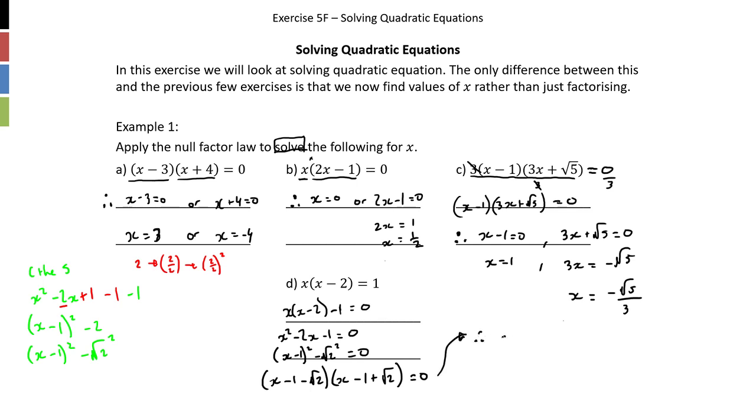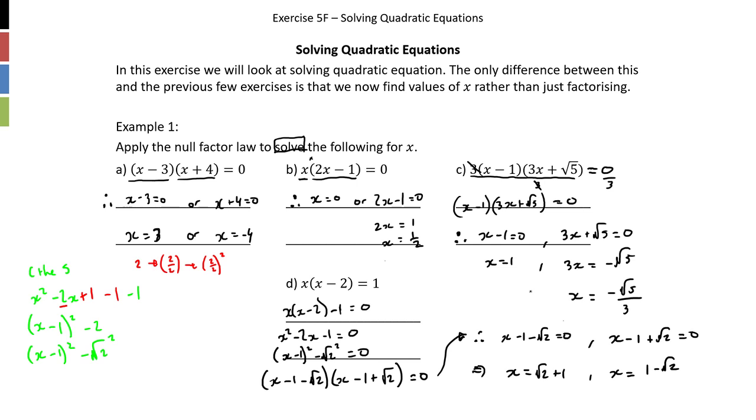Therefore, x minus 1 minus root 2 equals 0, or x minus 1 plus root 2 equals 0. Follows on that x is equal to root 2 plus 1, or x is equal to 1 minus root 2. And there's our final solution.